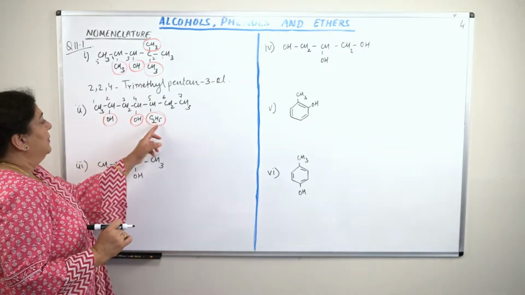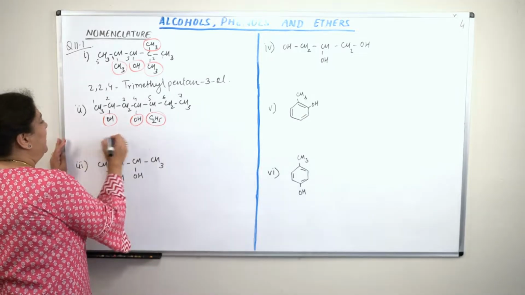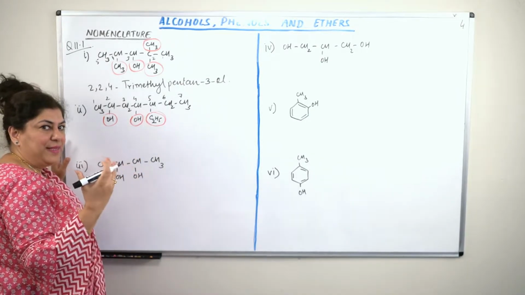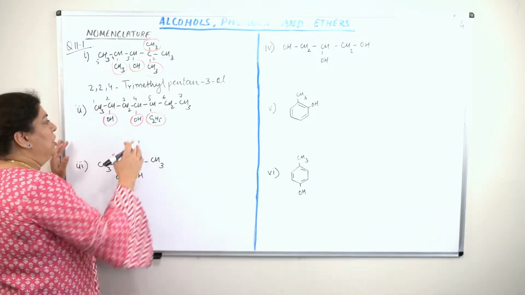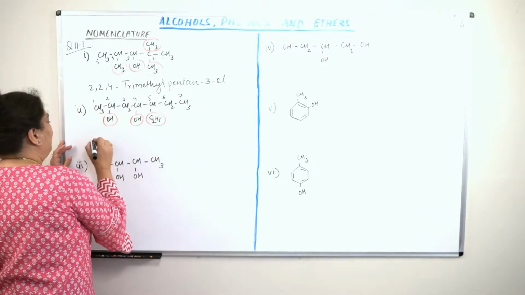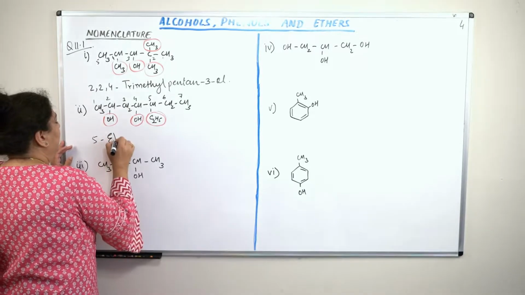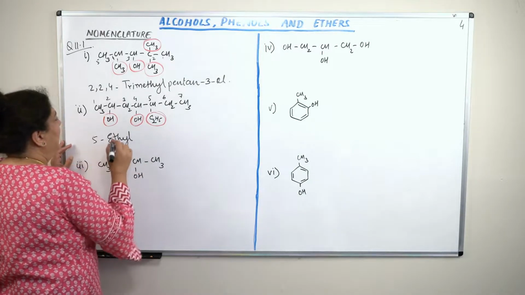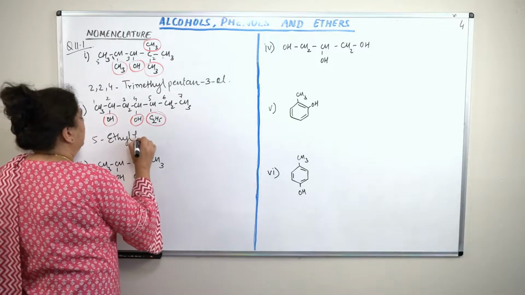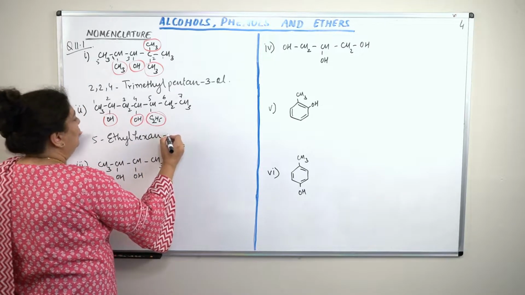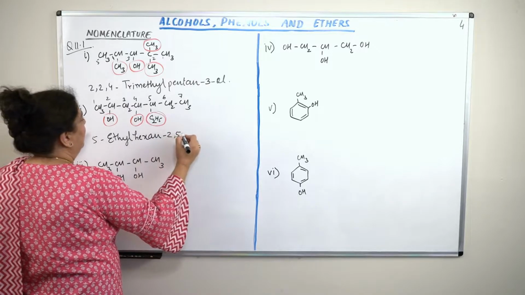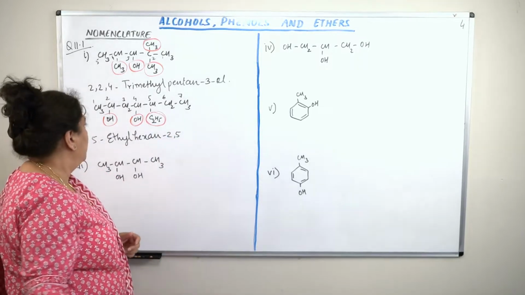It is ethyl group is present. So we'll write the substituent or the prefix. The alkyl group is written as the prefix. So I'll write the alkyl group first. It is 5-ethyl. 5-ethyl hex and 2, 5, no, not 5. What is the other ol on?